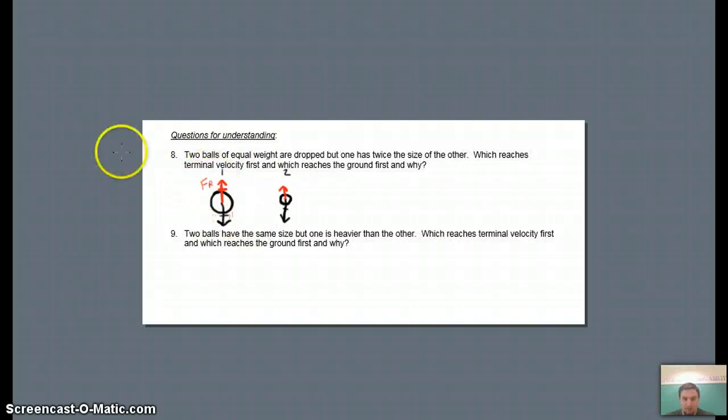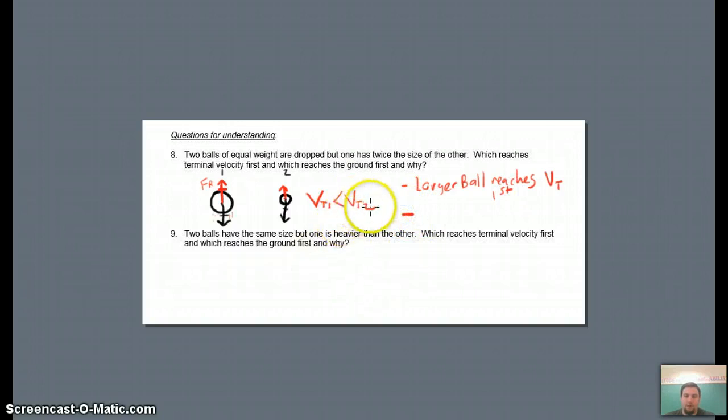So at this point in time, I drew right there, the terminal velocity of 1 will be less than the terminal velocity of 2. So which one reaches terminal velocity first? Well, because ball 1 will have a smaller terminal velocity, the larger ball reaches, we'll call it V sub t, terminal velocity first.